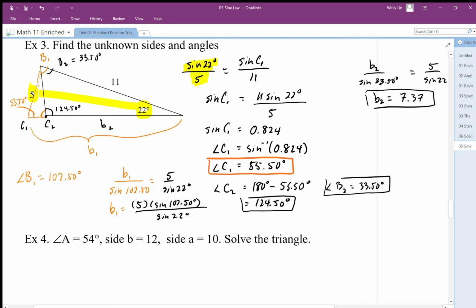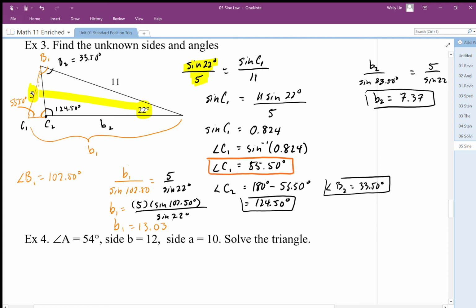Solving for B1, I get 5 times sine of 102.5 divided by sine of 22. Because we're doing a lot of decimals here, you're going to have slightly different answers depending on your rounding. My rounding gives me a B1 length of 13.03.